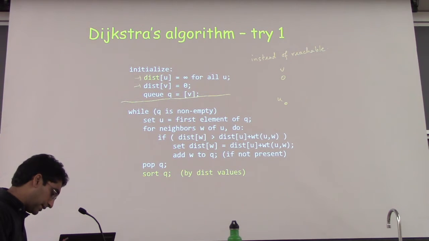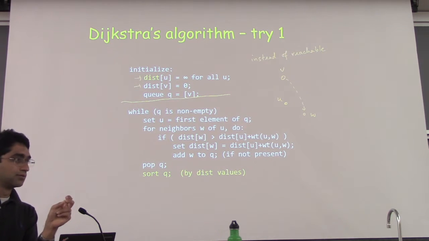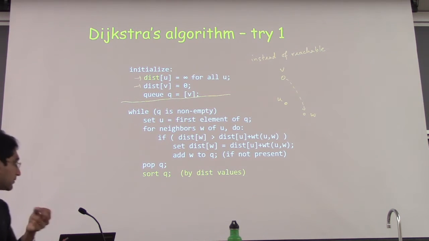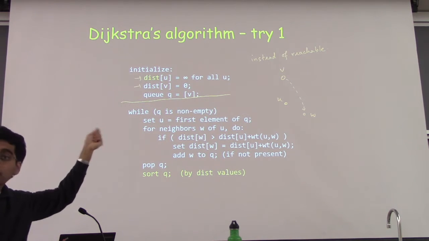And for every w, you may have had some value for distance from v to w. Initially it would be infinity, but otherwise you may have found some path, and maybe w is already in the queue.